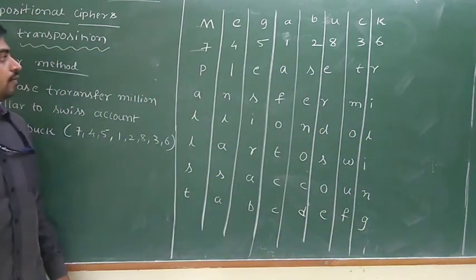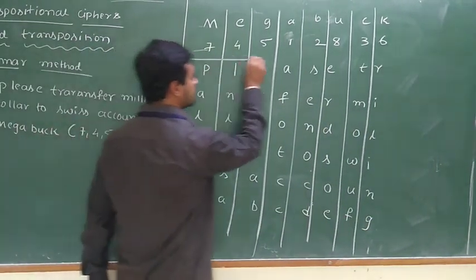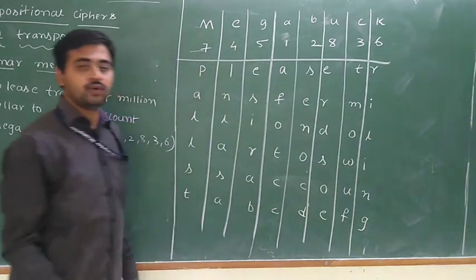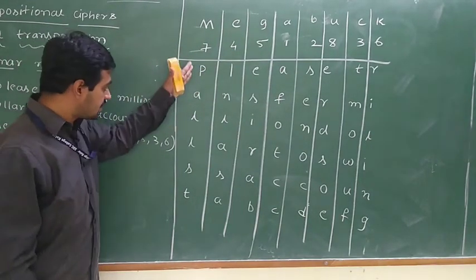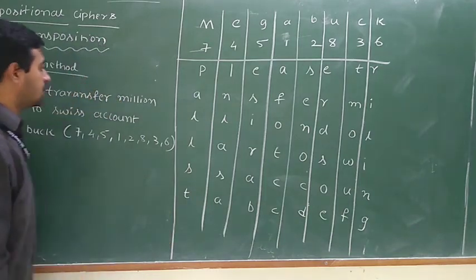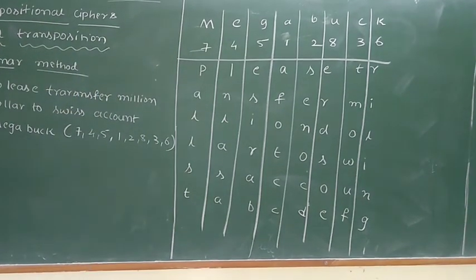Now I think you have understood the column wise values. What is your duty now? If you want to convert this into ciphertext, just select the columns. What is the first column we have got here? CT stands for ciphertext.